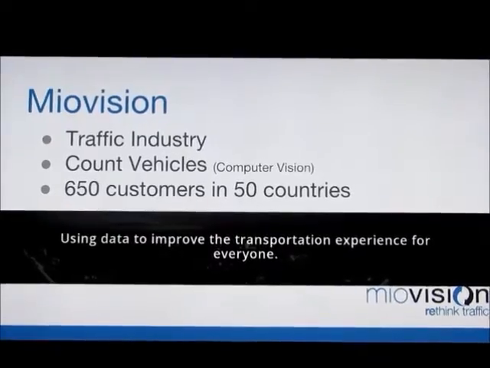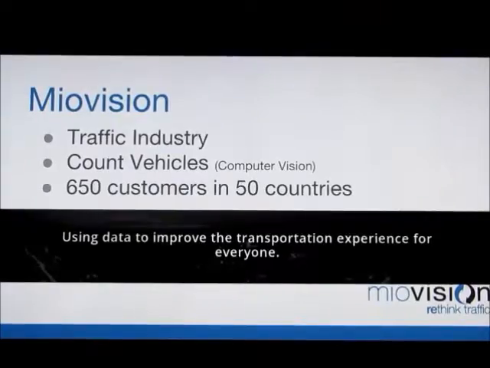So for those of you who don't know, at MyVision, we use video to count cars for the traffic industry using computer vision. We have 650 customers in over 50 countries. This is mostly traffic engineering firms, traffic data collectors, and municipalities.